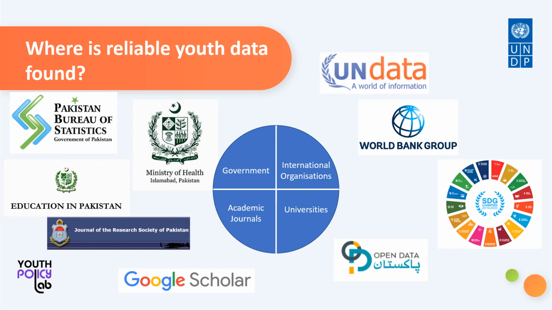International organisations such as the United Nations with their UN data portal or their Sustainable Development Goal website which has much data as well, the World Bank, World Health Organization, the list goes on. There are some links within this page that go to different websites.